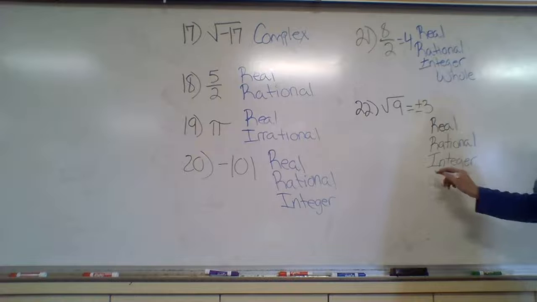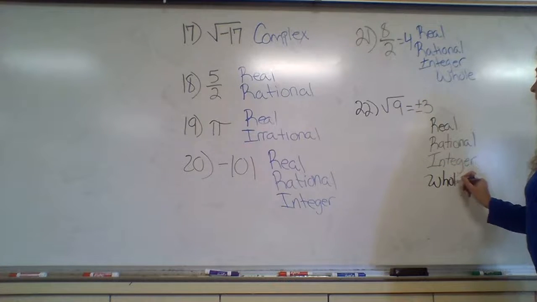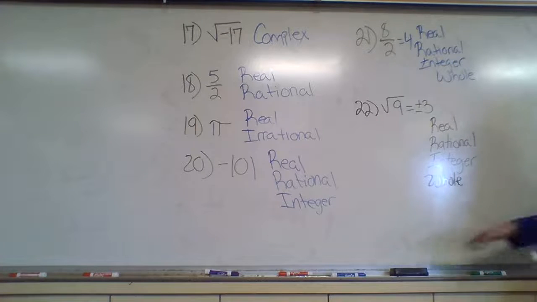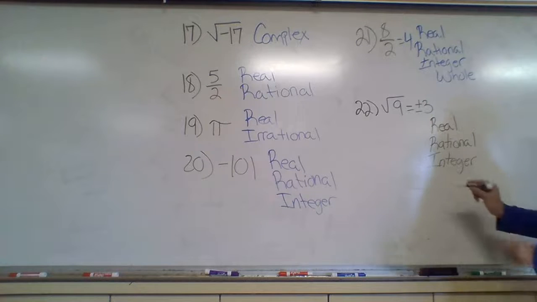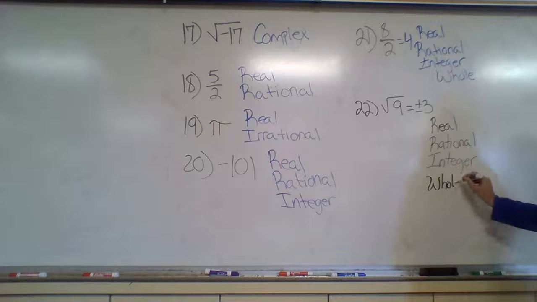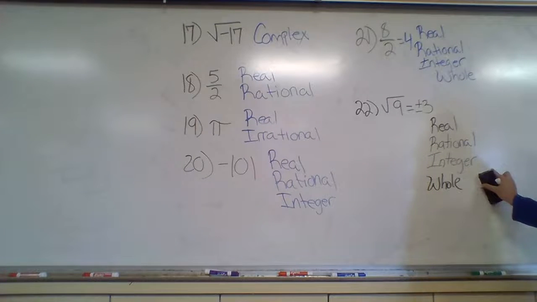But if you write whole, then I won't count it incorrect because 3 is a whole number. So either one is fine. You can either stop there, or you can write whole and I will mark it incorrect. Okay? Because positive 3 is whole, negative 3 is not.